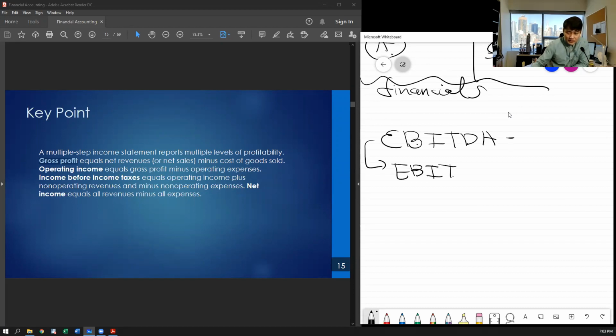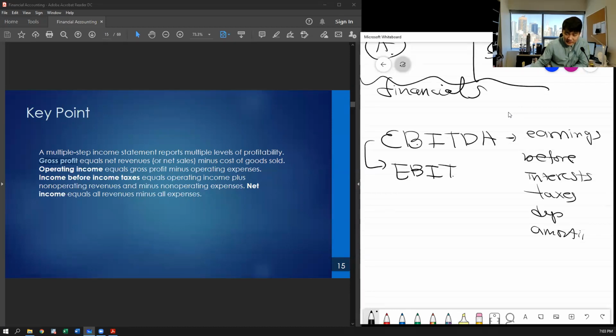Basically, this indicates earnings before interest, taxes, depreciation, and amortization. EBITDA is closely related to operating income, but not technically the same, though kind of similar. It shows how much profit the company made from operations, not including interest, taxes, depreciation, and amortization.